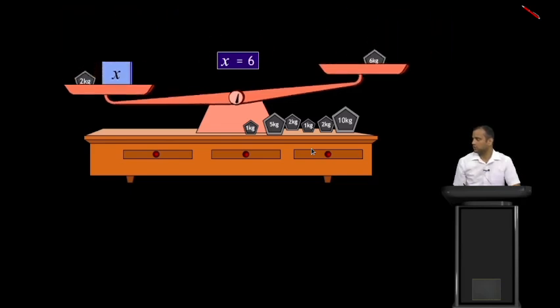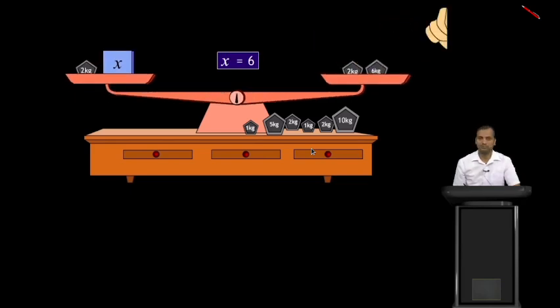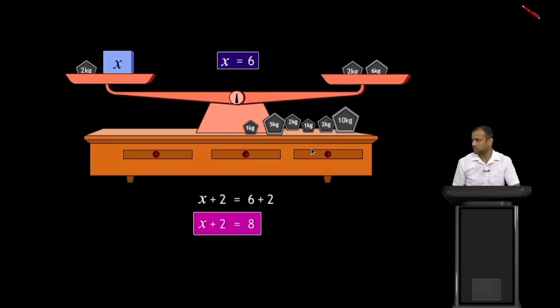And if you add 2 kg both sides, because we are adding same quantity both sides, we will get the same equation, meaning it will be balanced. So here we added 2 both sides and we got the balanced equation.